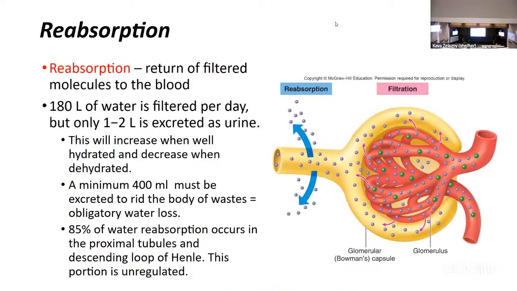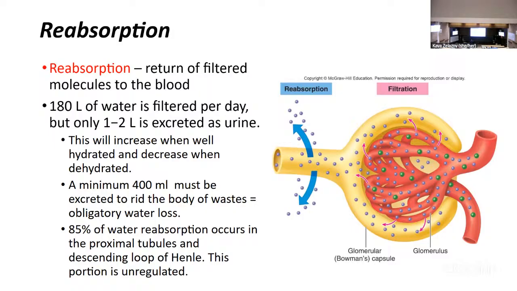When we're looking at reabsorption, we're looking at the return of molecules that were filtered out from the glomerulus into Bowman's capsule, returning to the blood, coming out of the proximal tubule and going into the peritubular capillaries.